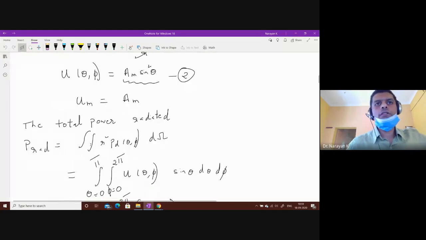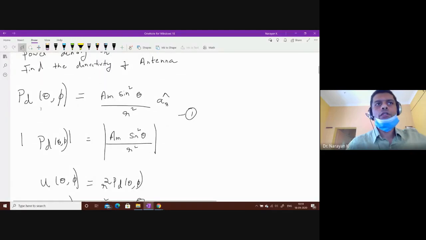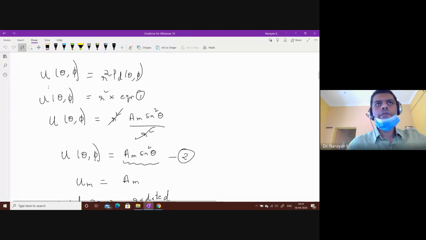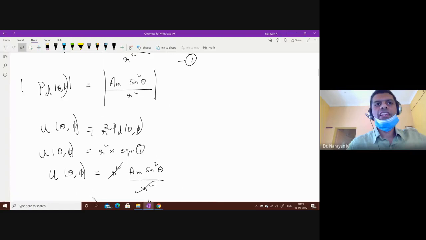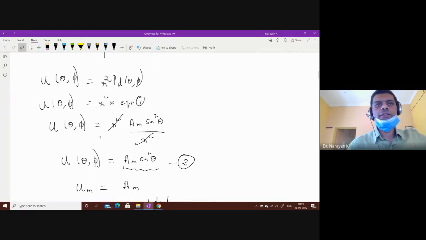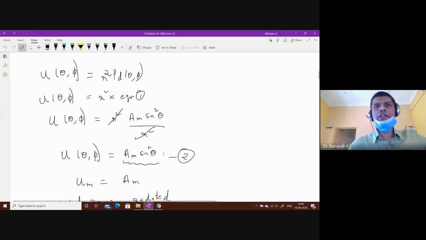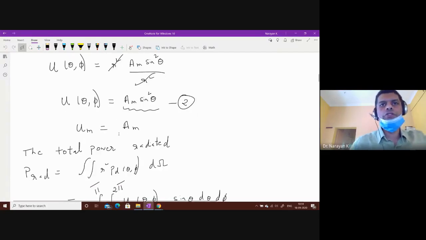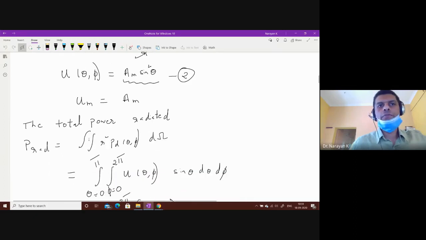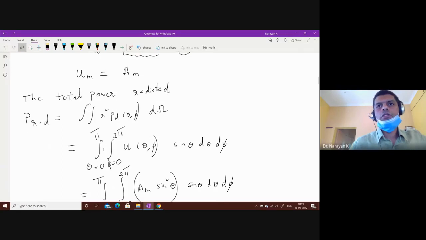This you have done using the exact method. How have we done it? Find the power density. After finding the power density, find the radiation intensity, R square into power density. When you multiply with R square, it gets cancelled. So you will get radiation intensity as Am sin square theta. So your total power radiated will be the integration of R square power density into solid angle.